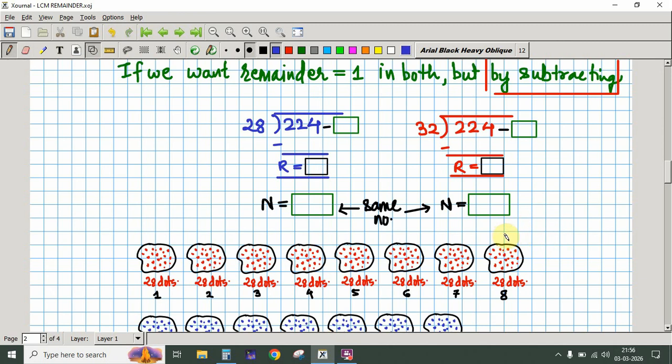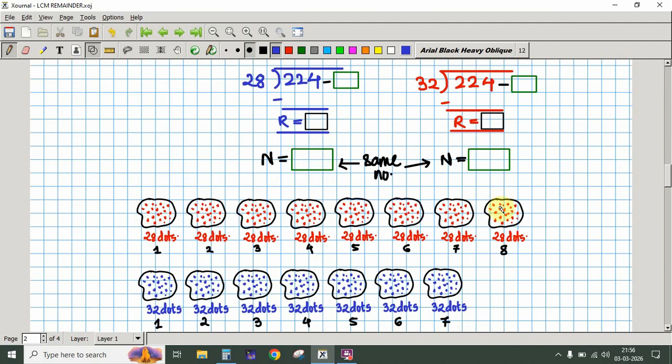I want remainder 1, so I have to remove everything from the last set except 1. Just tell me how many dots I have removed. Earlier there were 28, and I have removed 27 dots.